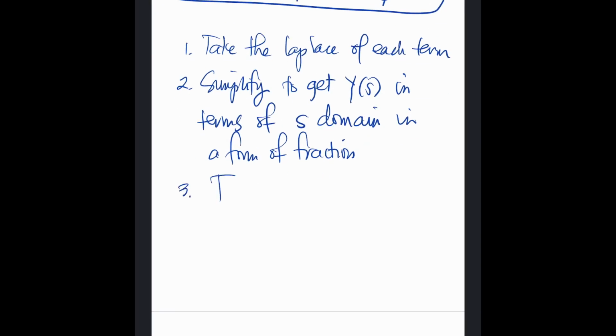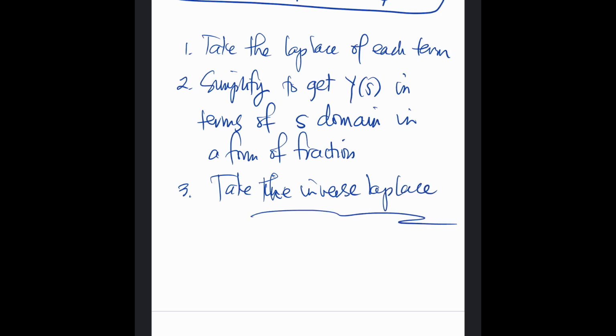Last, take the inverse Laplace. So that's the answer. Okay.